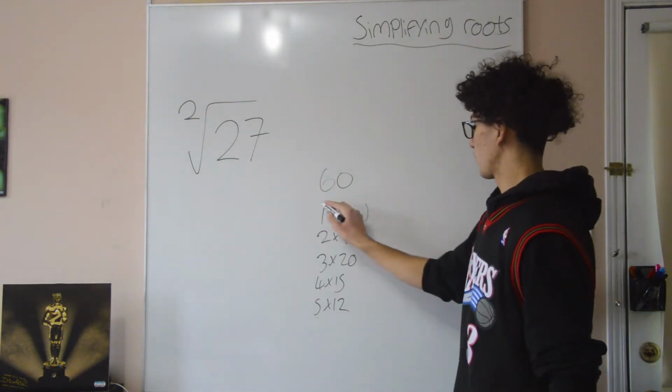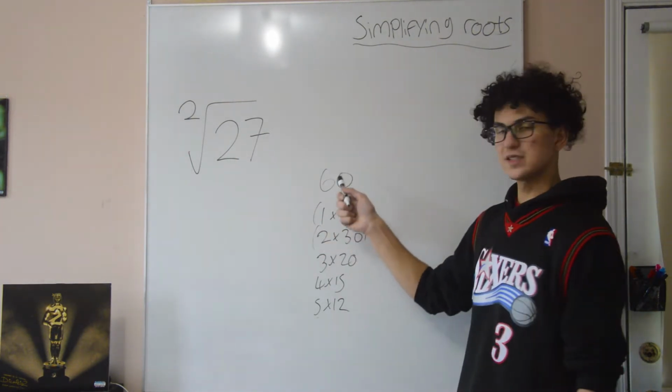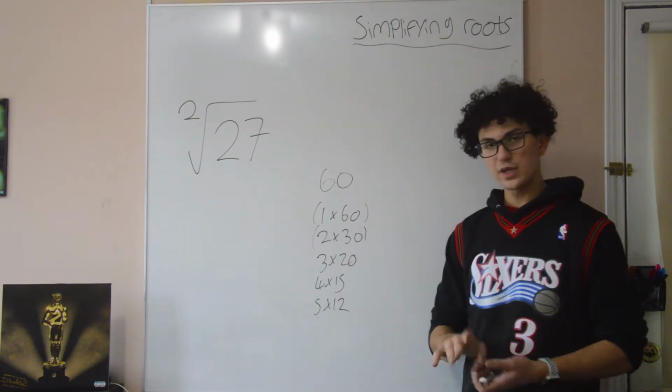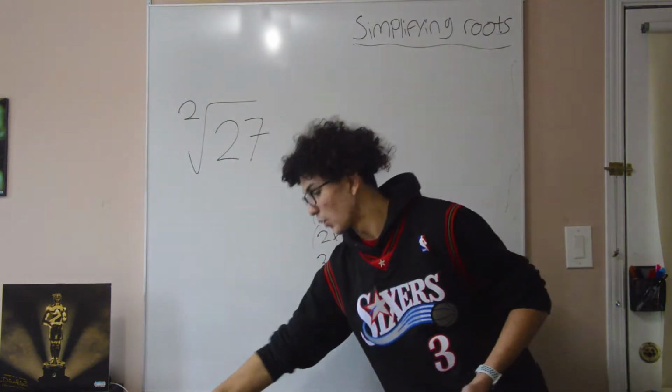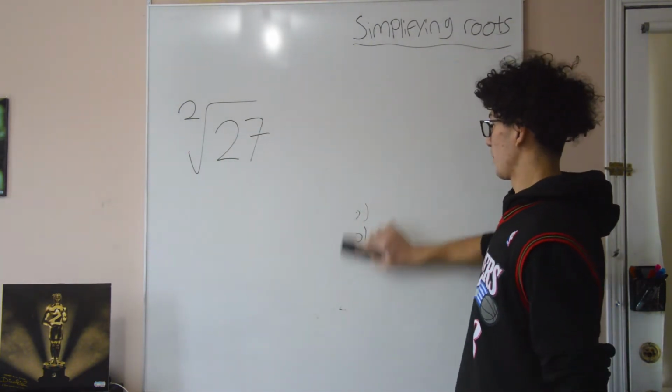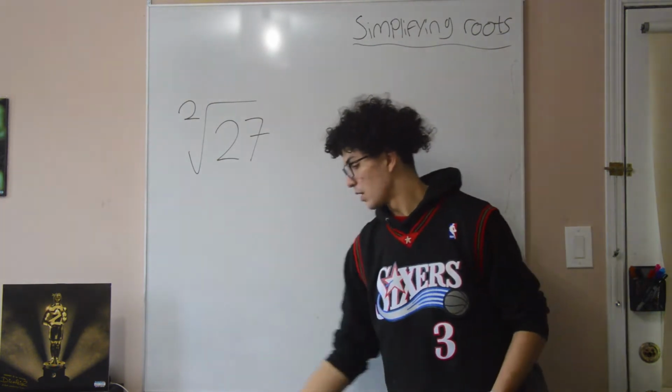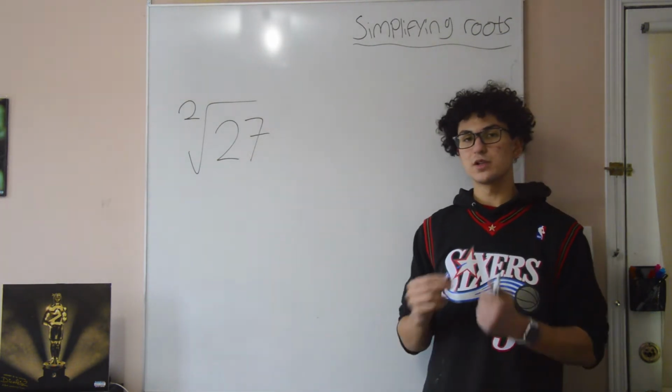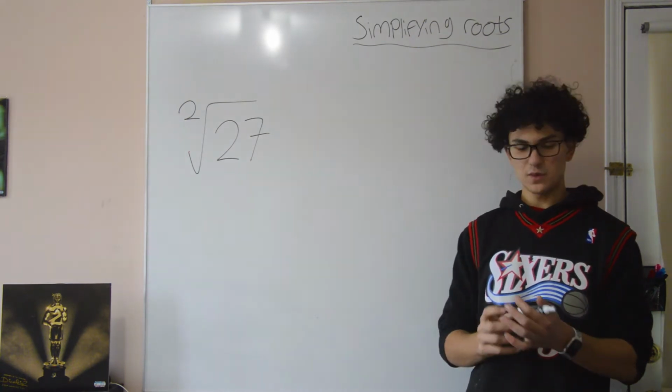These are all different ways of rewriting 60. Now, the trick is, once we've established our perfect squares, we need to rewrite 27 using one of our perfect squares.